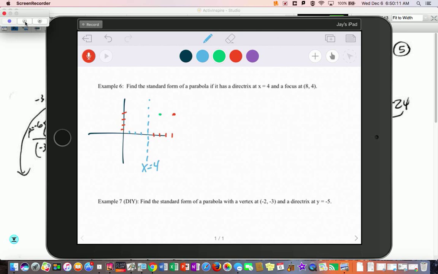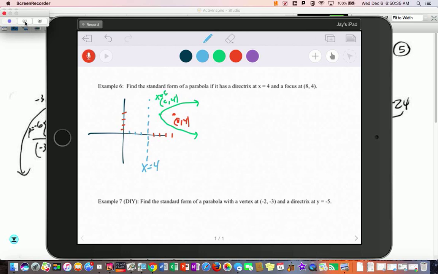So what's halfway between 4 and 8, 4? Between x is 4 and x is 8, I'm going to have x is 6, right? So 6, 4 is my vertex, and the parabola has to open away from the directrix. It can't touch the directrix. It opens away from it.